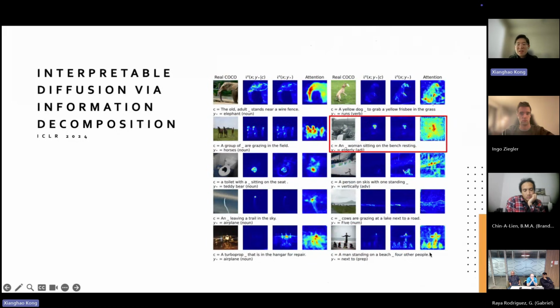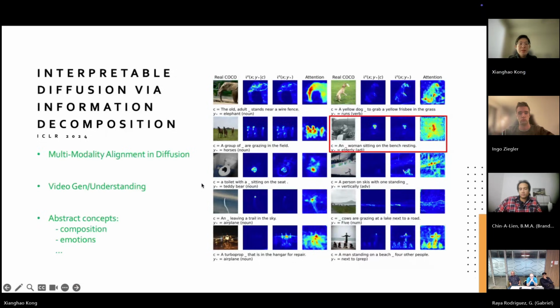You can see it's messy when we calculate these attention heat maps. So what we want to argue is that the mutual information, or information matrix, can identify those abstract concepts in the prompts and map them to the pixel space.